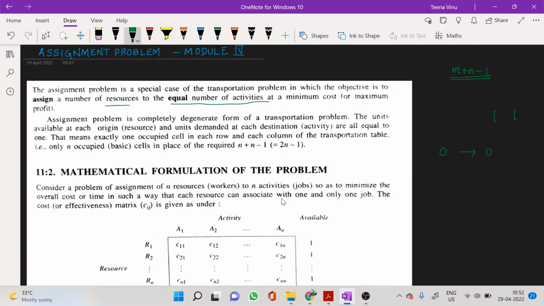So in this way assignment problem is done. A row contains only one assignment, similarly a column contains only one assignment. It is just contrary to what we have in transportation problem. In transportation problem, a row or column may have more than one assignment.